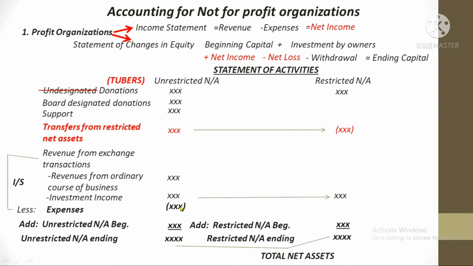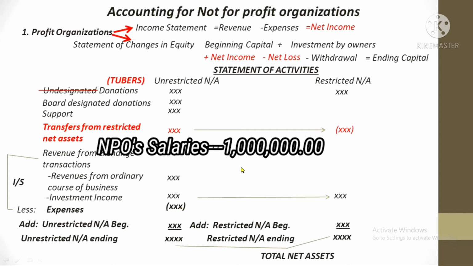So, to make it relatable, let's say an NPO has a salaries expense of 1 million in the statement of activities, of course. So, in the statement of activities, such salaries can be broken down into program expenses.